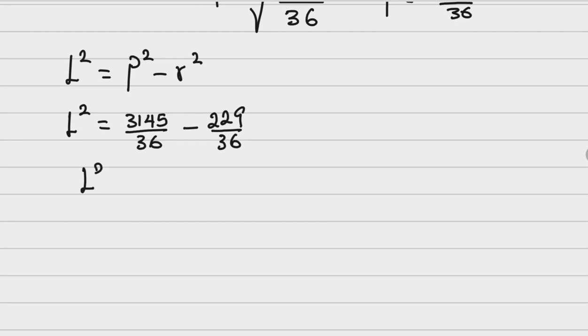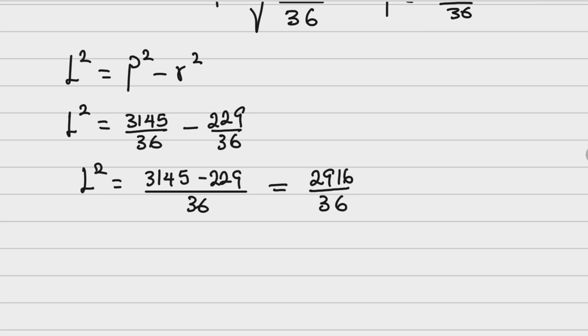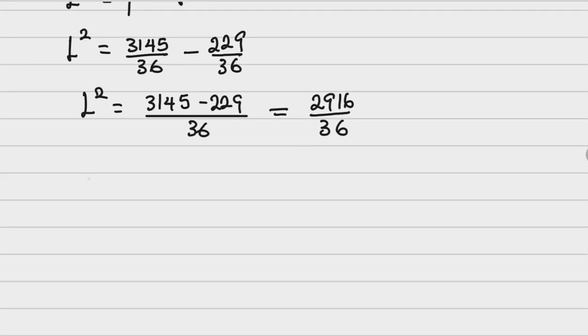Now having this, I know that my L squared will be, the LCM of course is 36, so I'm going to have 3145 minus 229. Now having this, I'm going to have 2916 by 36. Okay, this is what I have. So therefore my L will now be the square root of 2916 over 36, which we can find the square root of 2916 as 54.